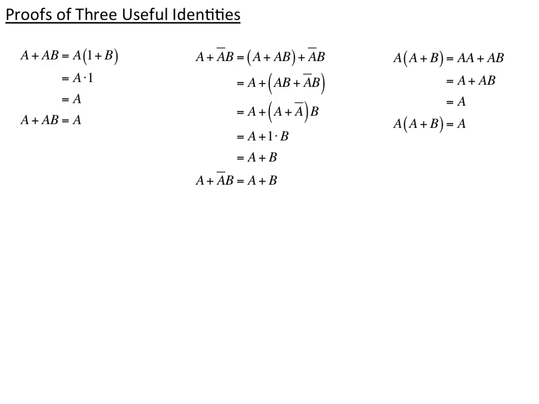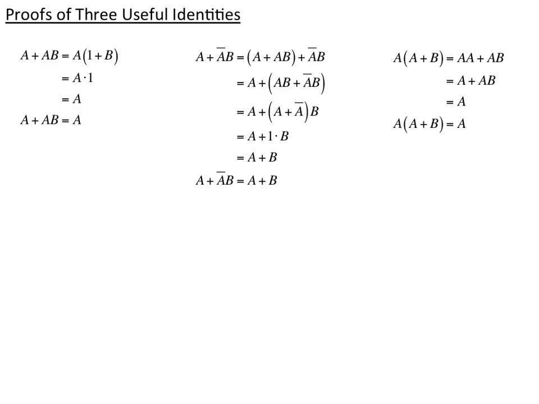Second useful identity: A or not A and B equals A or B. I'll prove that. A or not A and B. I'm going to replace A with this identity, and so I plug that in there.